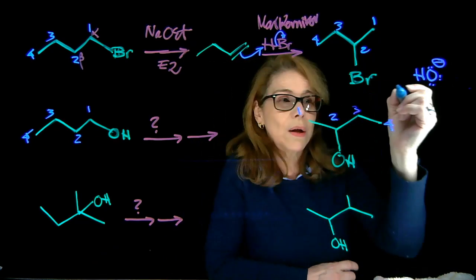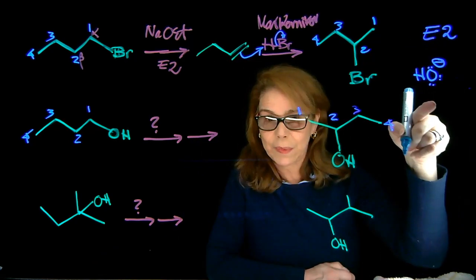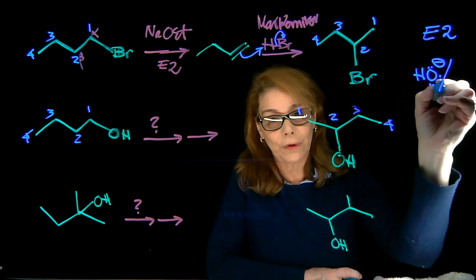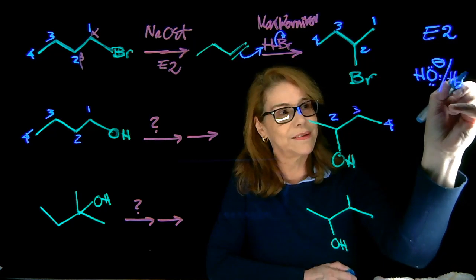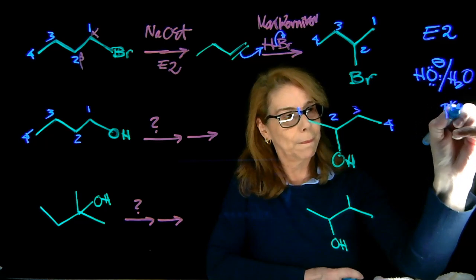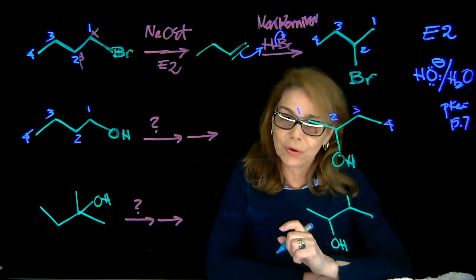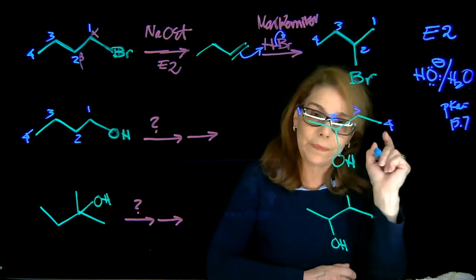One way, if you want to perform an E2 reaction, we know that OH is a bad leaving group because this is a very strong base. It's the conjugate base of a weak acid. The pKa of water is 15.7. So too bad as a leaving group. So we need to convert that into a better leaving group.